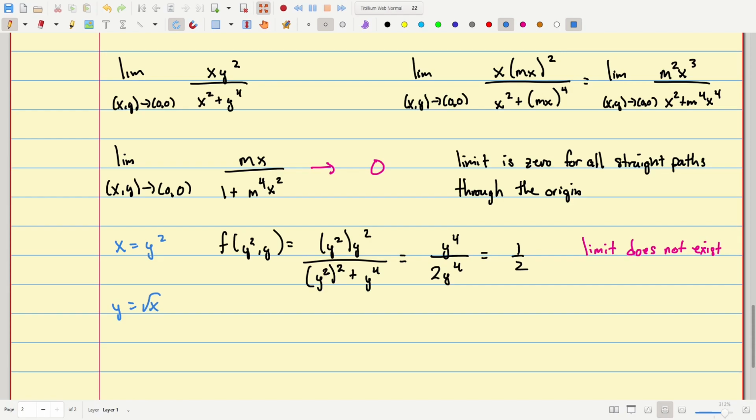Would you not also do y equal to x squared, since that's also a non-straight path? Any choice of path is fine. The reason that I chose this particular path is because it's the one that breaks the equation. You have to look at the equation and figure out algebraically what this thing isn't going to like. So on parabolic curves, straight is 0, and this parabolic curve is the one that breaks it. Yeah.